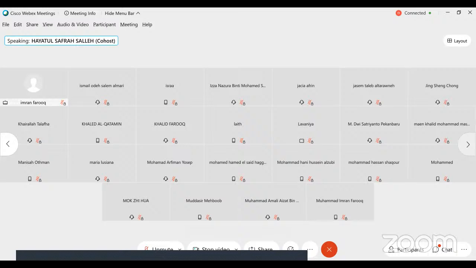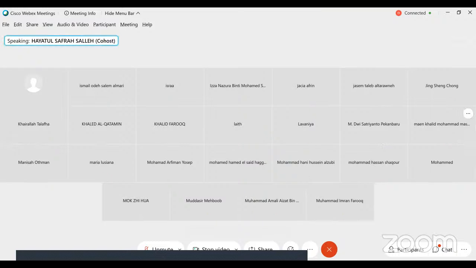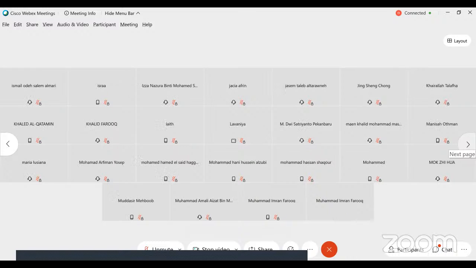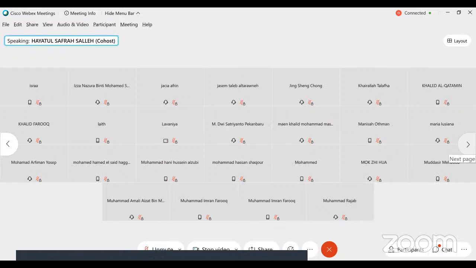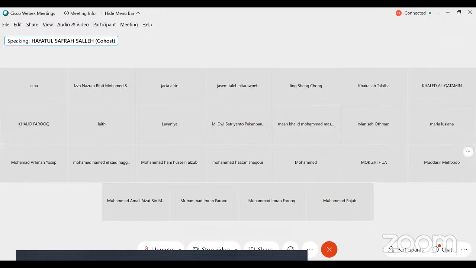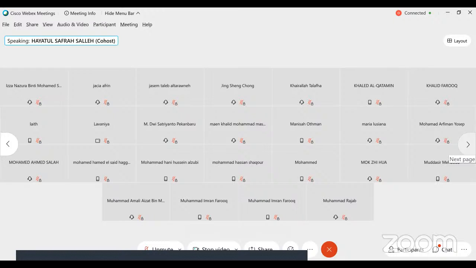What is the drawback of using non-probability sampling for a PhD? Okay, one student asked what the drawback of using non-probability sampling for a PhD is, or whether it is okay to use it.